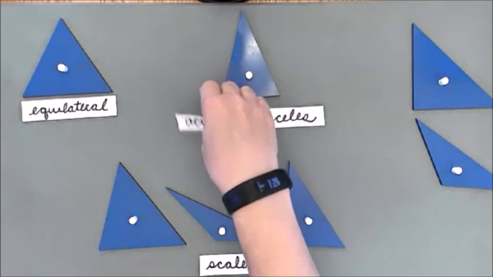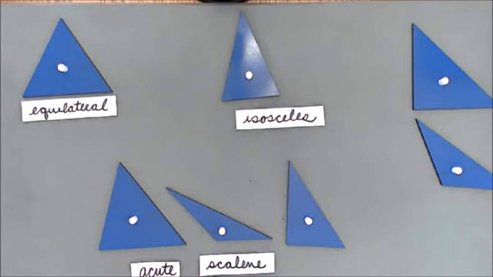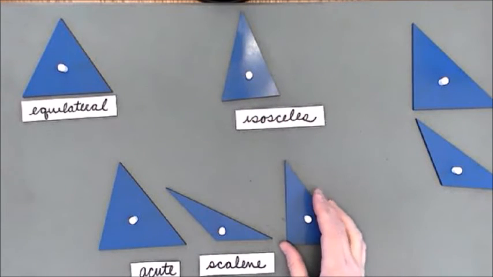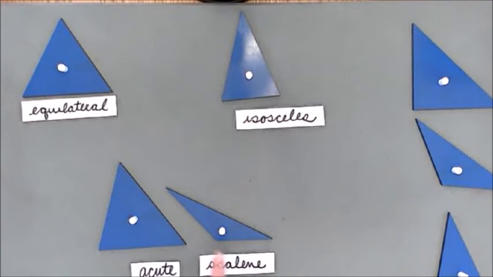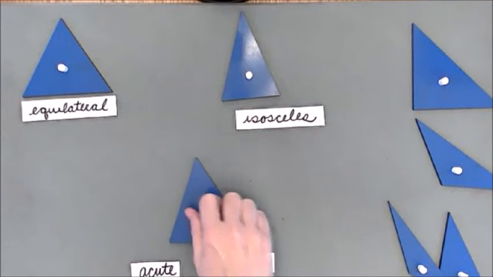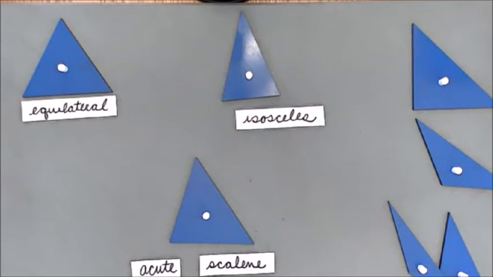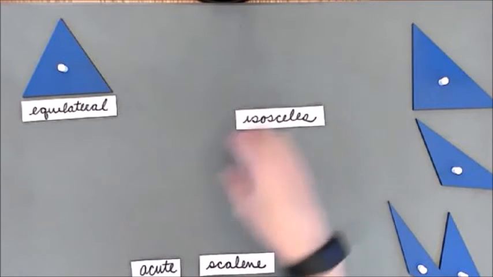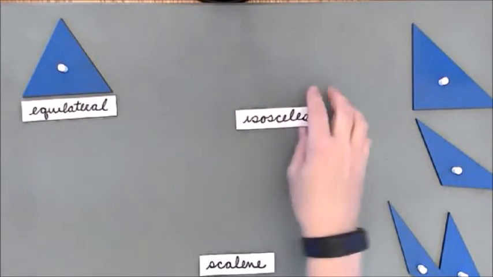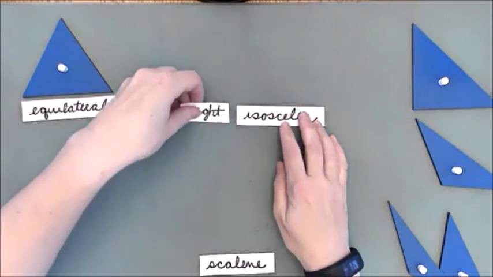How about if we wanted to find an acute scalene triangle? This one here, I can see it has a right angle, and this one here, I can see it has an obtuse angle. So this one here is our acute scalene triangle. We can do the same thing. I'm going to set those ones out of the way. We can also find a right isosceles triangle.